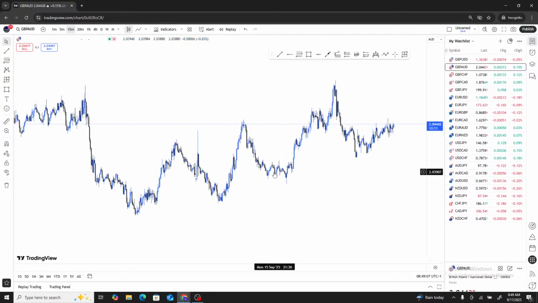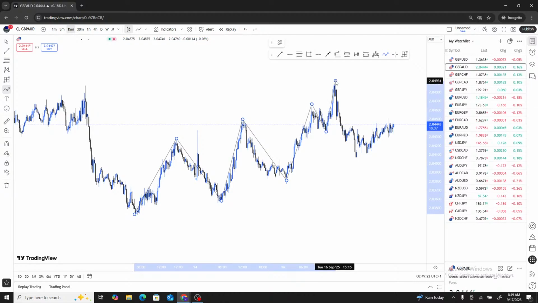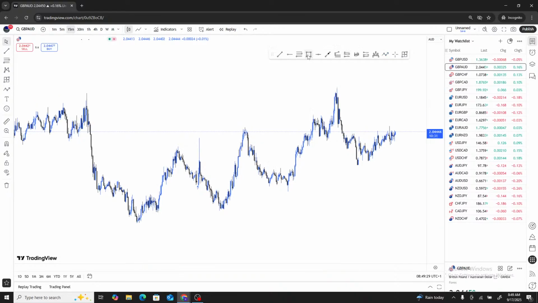GBP AUD, you can see it was making series of higher highs and higher lows, higher highs, higher lows, higher high, higher low, higher high. Then it broke structure here. People can also call it a change of character.